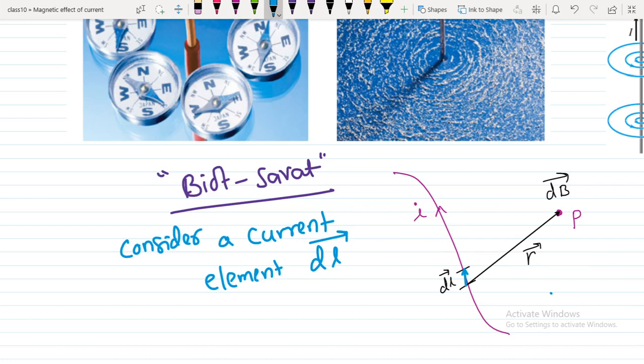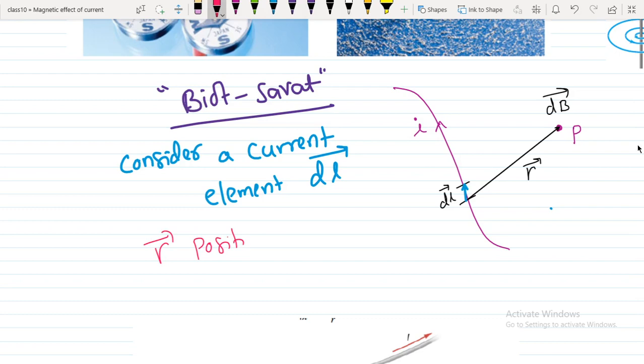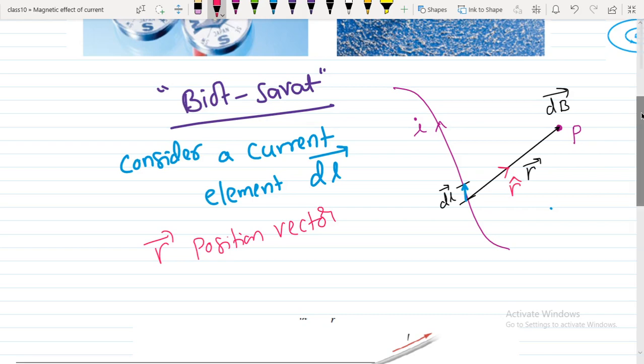To find the magnetic field at point P, which is at a distance r, we consider r as a position vector. Its direction r hat is along this direction. So here the vector notation is also important.